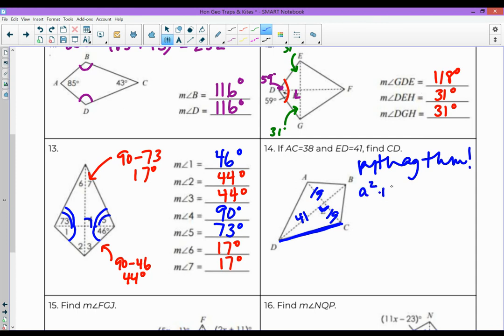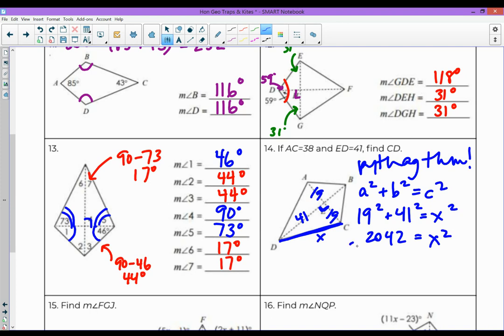So we know a squared plus b squared equals c squared. We can just substitute those values in. So 19 squared plus 41 squared equals, we can call that x for now. So when I sum the squares, I get 2042.